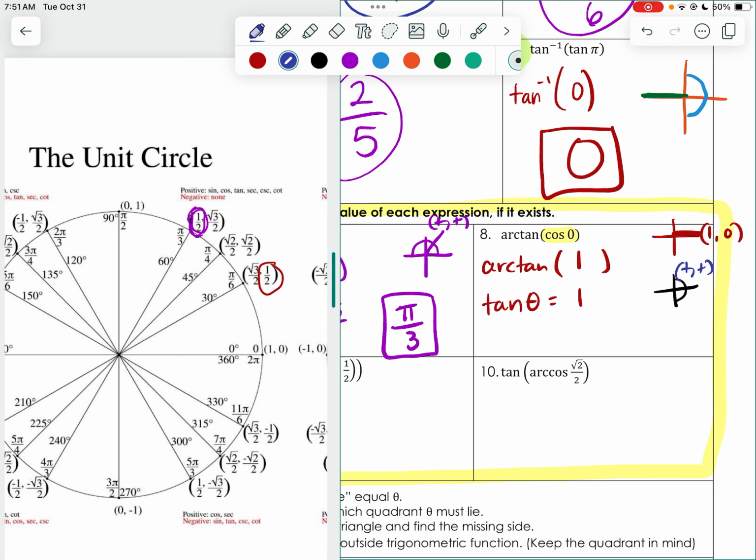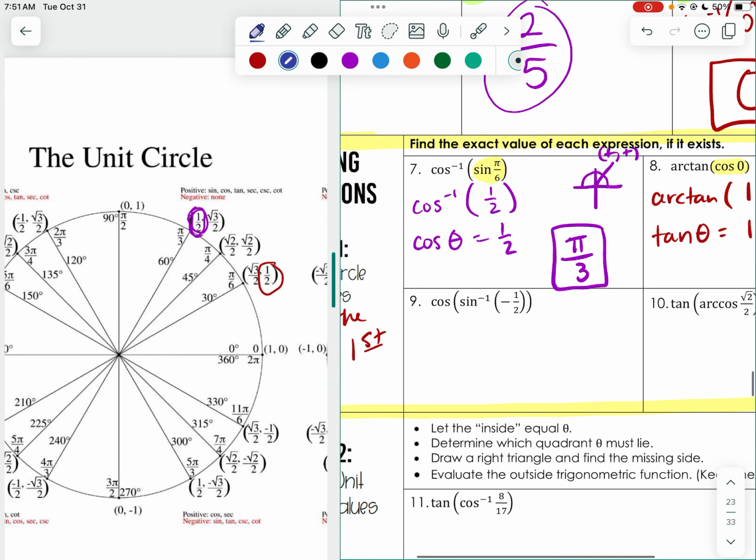Here's positive, positive, here's positive, negative. If you do y divided by x, the signs would have to be the same to get a positive number. So where tangent is 1, that would have to be in the first quadrant. And where is x and y the same? That would be at pi over 4. So you'd be doing root 2 over 2 divided by root 2 over 2. Okay?